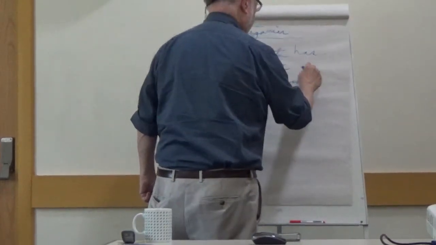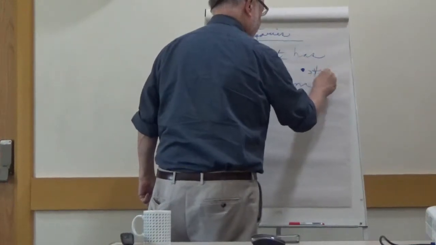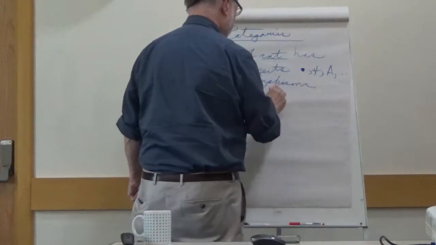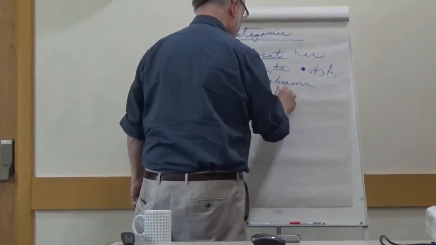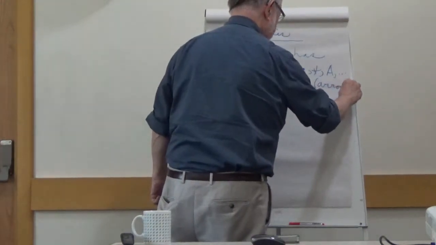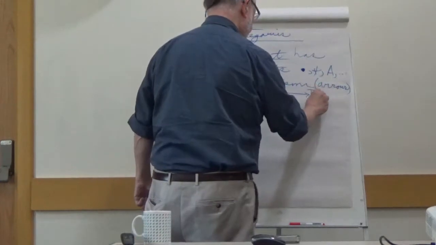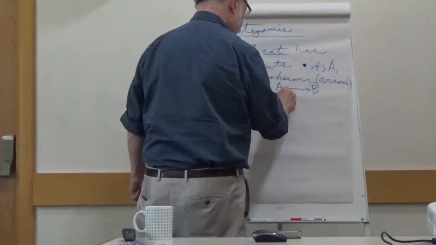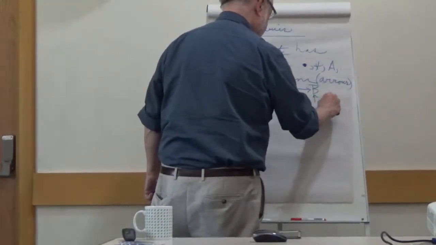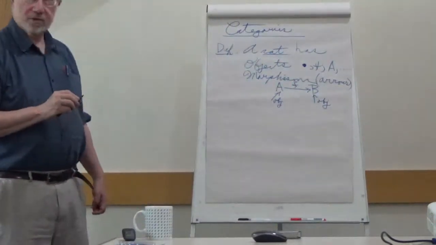Objects are denoted by maybe dots or some other symbols or letters like that. And morphisms are denoted by arrows. And sometimes one says the category has arrows. Morphisms are denoted by arrows, and the arrows terminate and co-terminate in objects. So this is an object, and this is an object, and this arrow labeled F is a morphism.